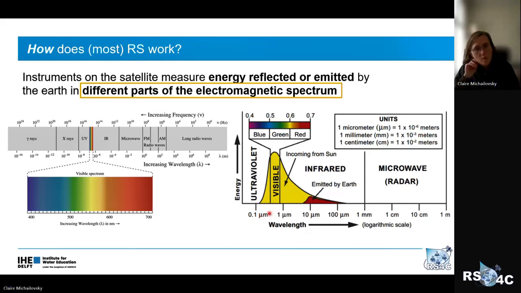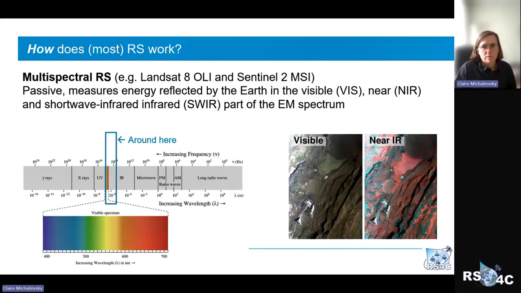Next, we're going to look a bit at why we don't only work in this visible range of the spectrum. How do we use remote sensing to get information, and what kind of information can we get from different parts of the electromagnetic spectrum? A good type of remote sensing to use to illustrate this is called multispectral remote sensing.